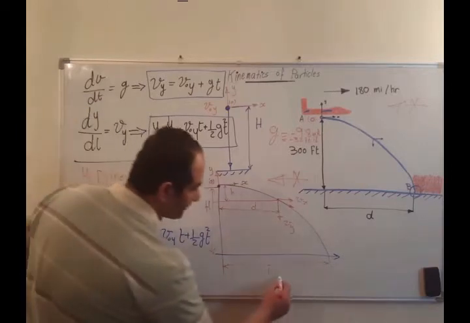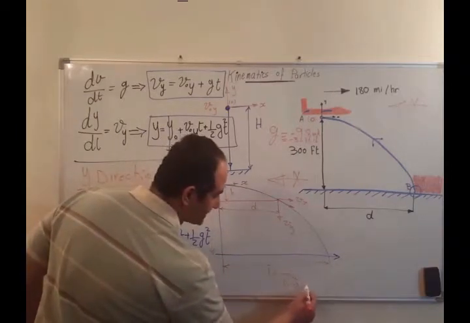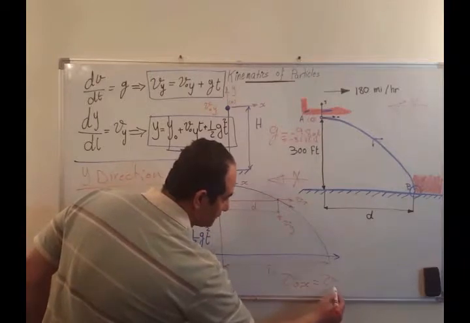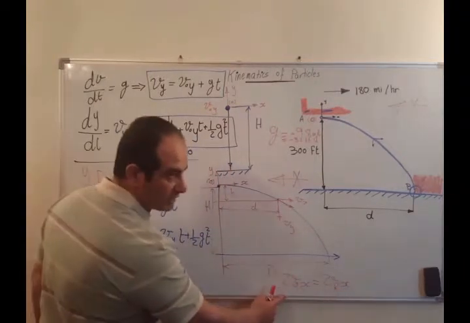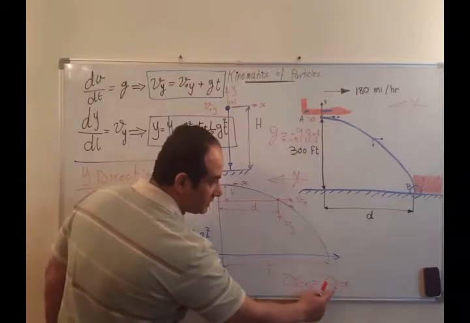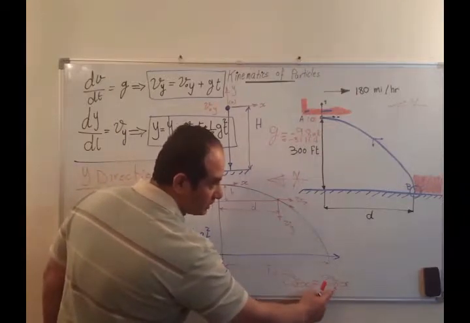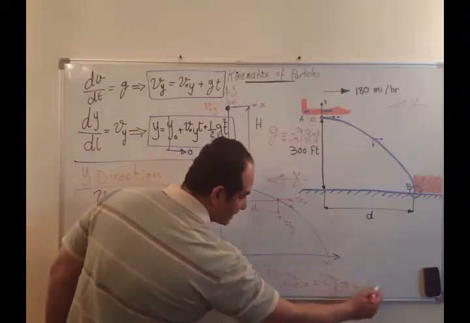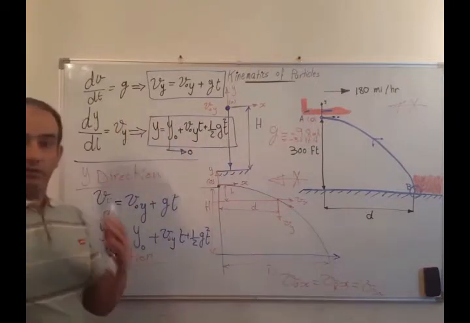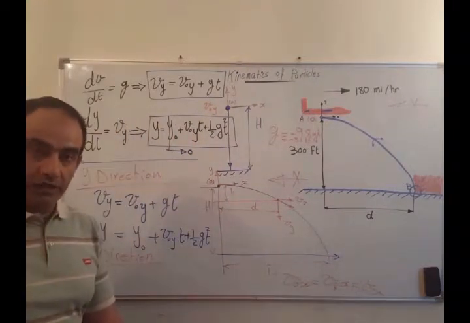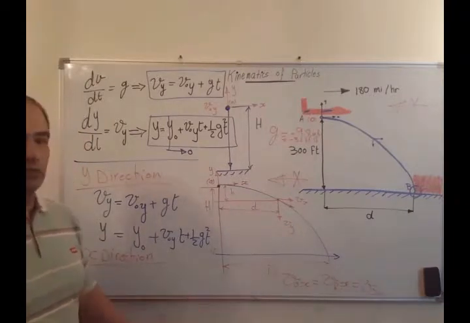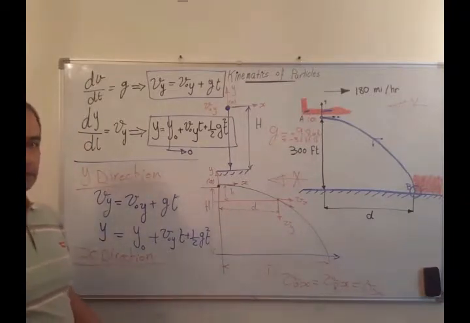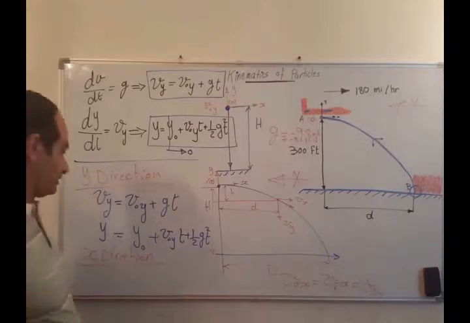That means V naught x equals Vfx: the initial horizontal speed equals the final horizontal speed equals Vx. The horizontal speed of a projectile is constant as long as there is no drag opposing the object.